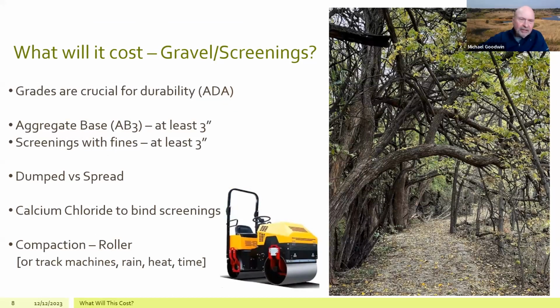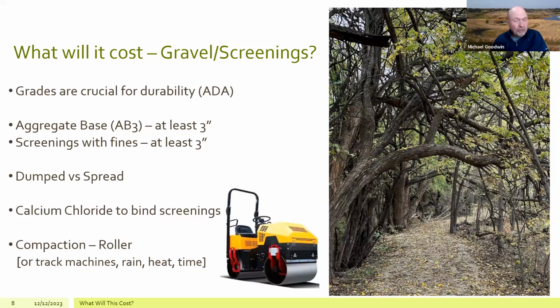So the gravel and screenings that we would use on a gravel trail, there are several things to think about that factor into the costs of building a gravel trail. First of all, grades are crucial, and so you need to pay attention to the grades on a gravel trail because it will erode with water flow, and be sustainable if you do it correctly, but you have to be careful about those grades.